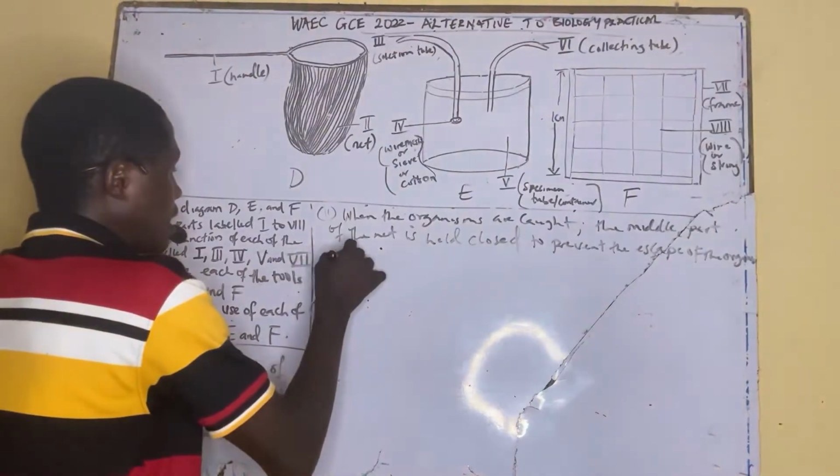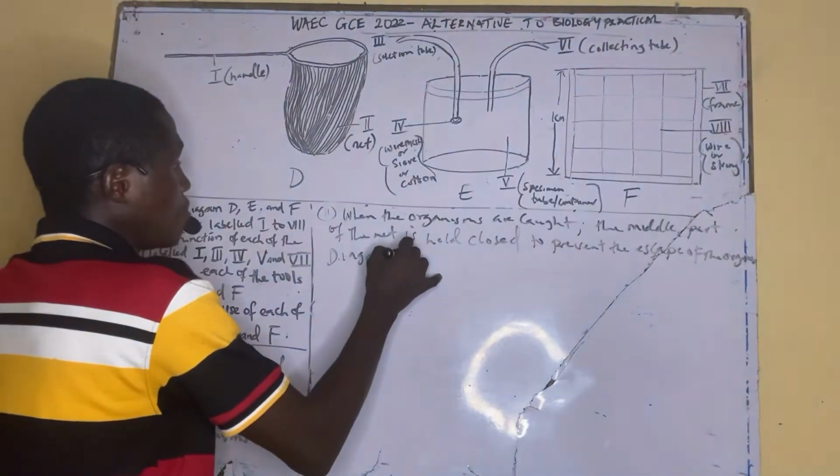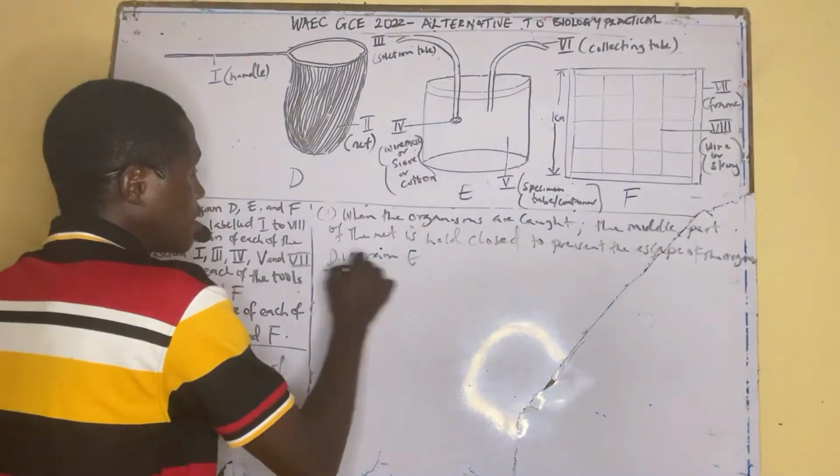What about diagram E? How do we use that?